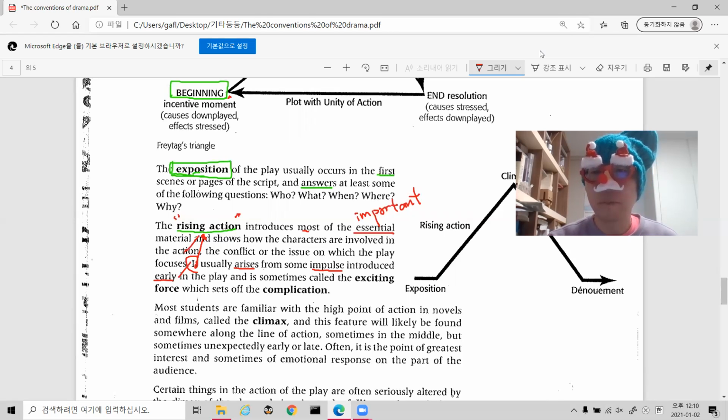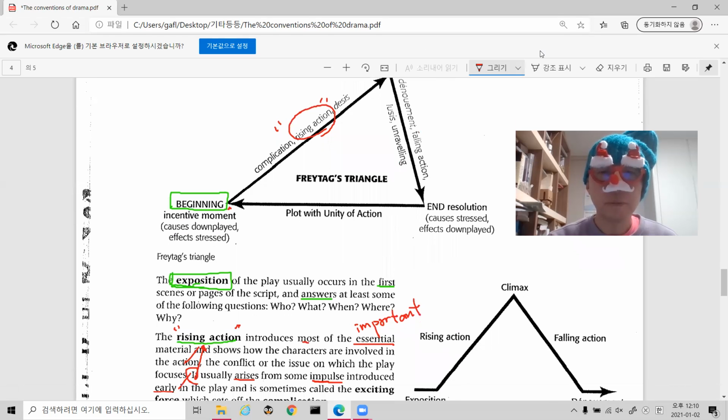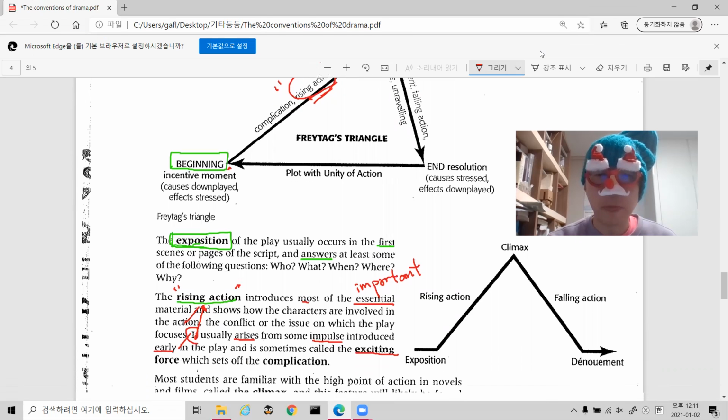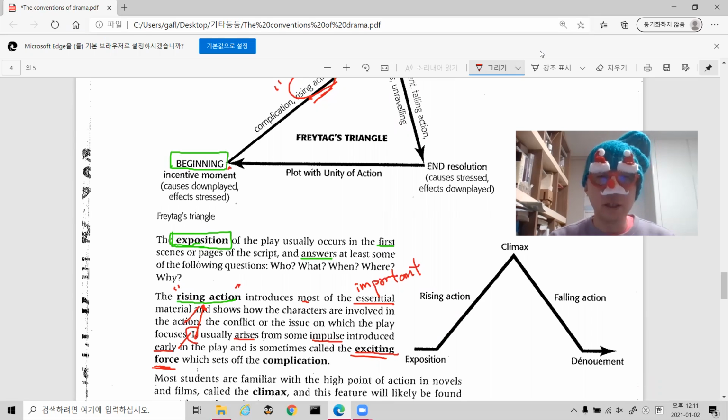So the rising action is also called an exciting force. This exciting force makes the story more interesting, more complicated, and more complex.